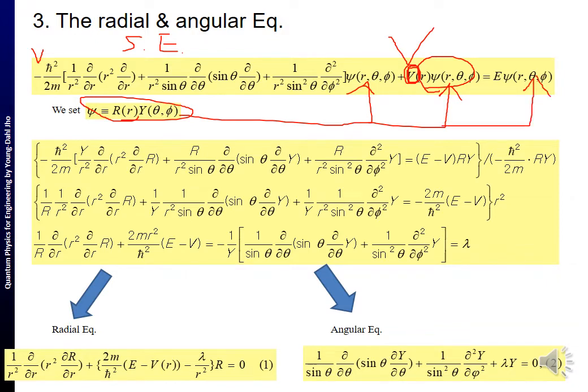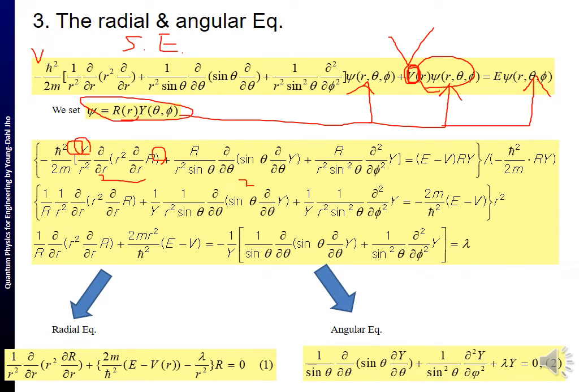So the wave function psi is all replaced by R Y. This R is a pure mathematical function of r, so Y is independent.